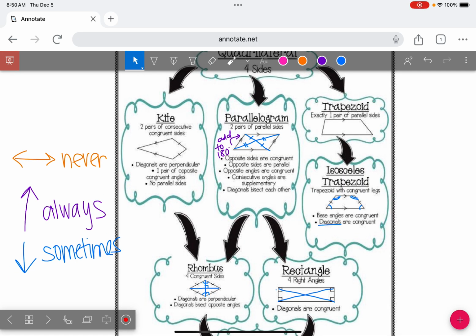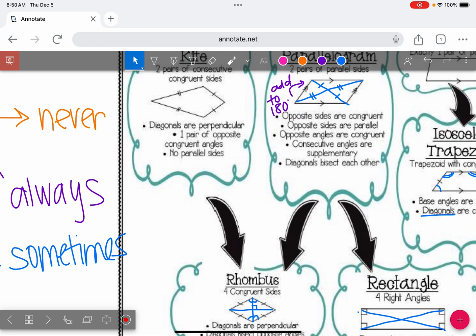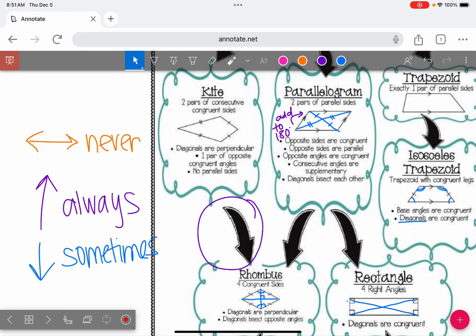The only special scenario is with a kite and a rhombus. Okay, so a kite can sometimes be referred to as a rhombus, and a rhombus can be referred to as a kite. So this is that special scenario right here, that it's a sometimes.